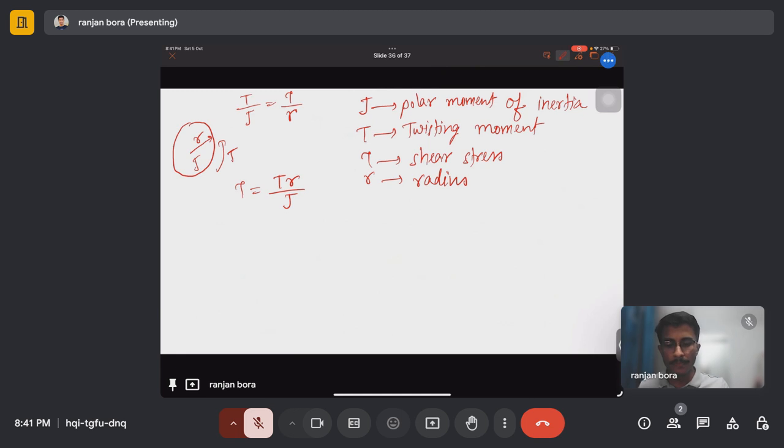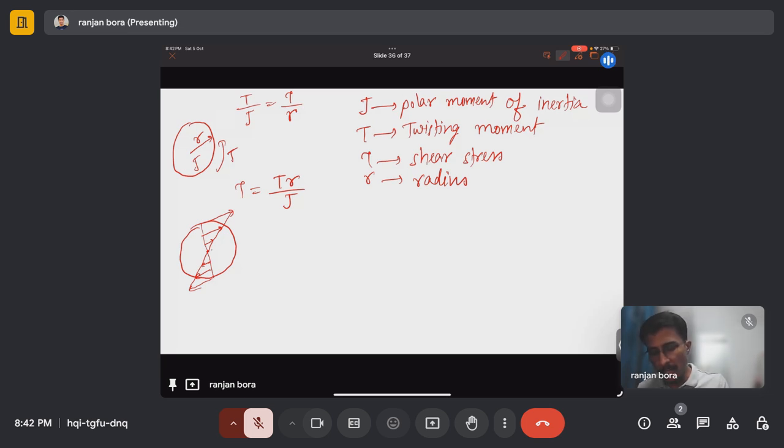So how is tau related to R? If we consider this as our cross section, then at the center tau is 0 and it increases with radius. This is a magnitude diagram, meaning the arrows represent the magnitude of shear stress.